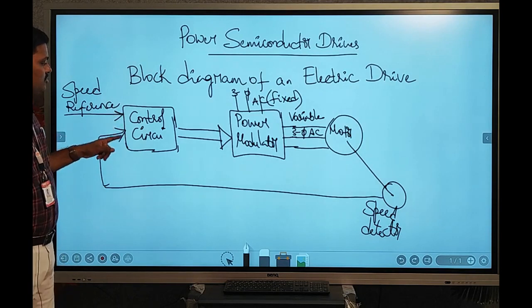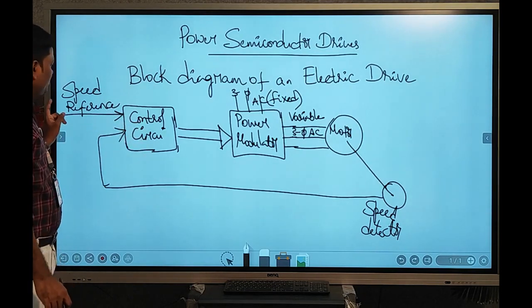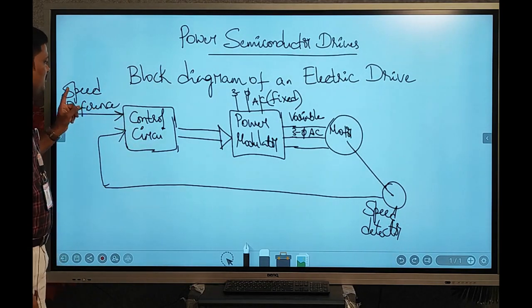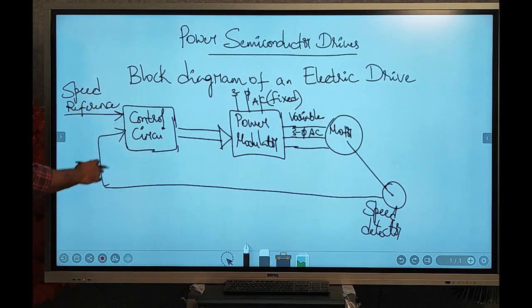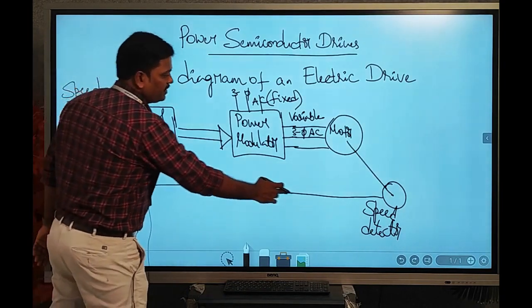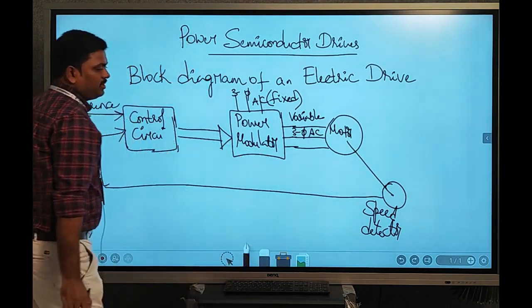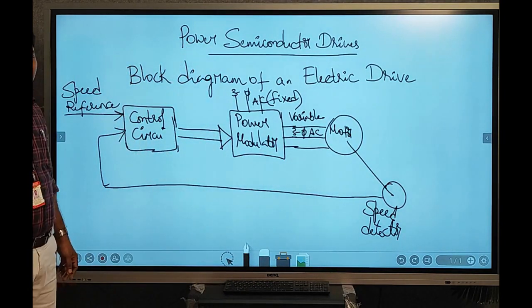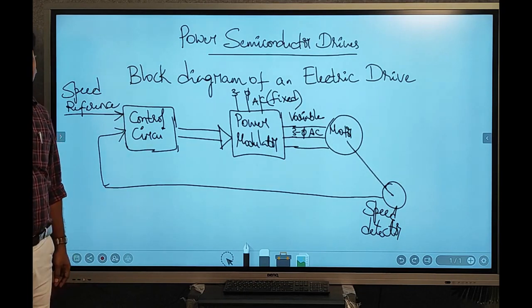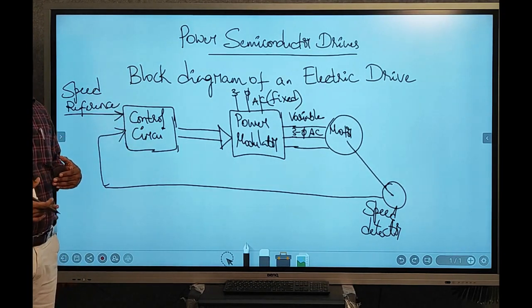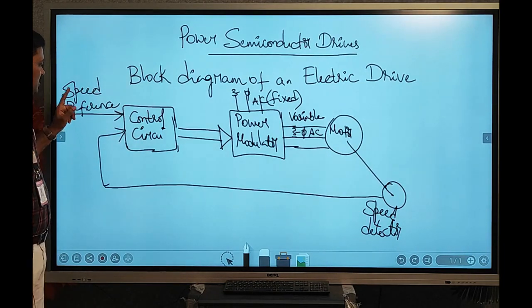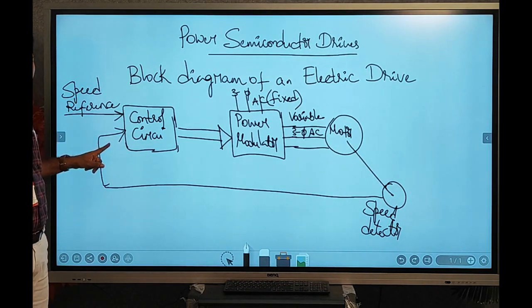It needs to be controlled again, and it needs to be supplied with a particular input. So the control circuit will have an input of speed reference. This is the reference of speed that we are giving as an input to the control circuit, and the control circuit also has the current speed of the motor, which is supplied from a speed detector or a sensor, a sensing unit I could say. So this control circuit keeps checking between the reference speed and the current speed of the machine.